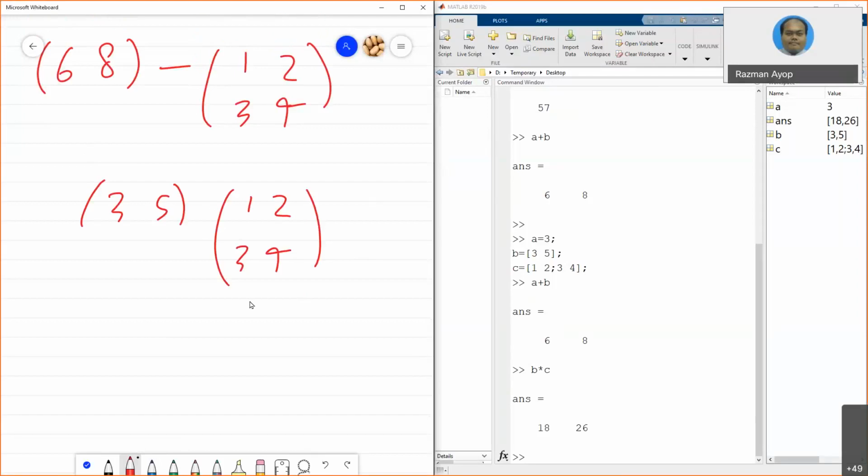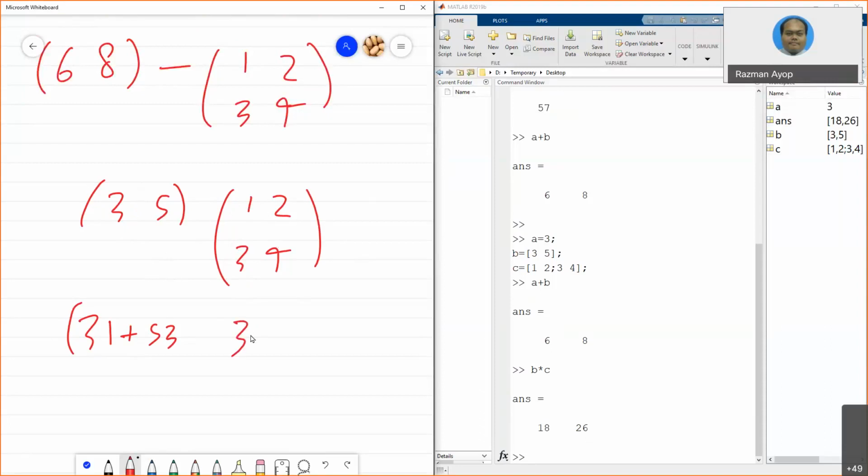So for matrix, you have to make sure that you multiply 3, 1 plus 5, 3, and then the next one. So you have to multiply this with this, and then plus this with this. And then for the next part, it is the same thing, only add this.